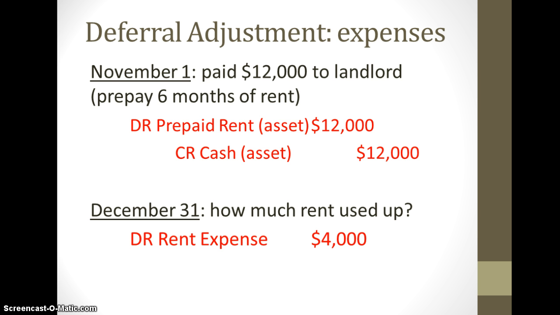Well, we can now record rent expense for $4,000, representing the rent expense for November and December. And then we're going to reduce our prepaid rent account, which has a debit balance, by $4,000 as well. So the prepaid rent account goes from $12,000 minus $4,000, and we have a balance remaining of $8,000 at the end of the year.